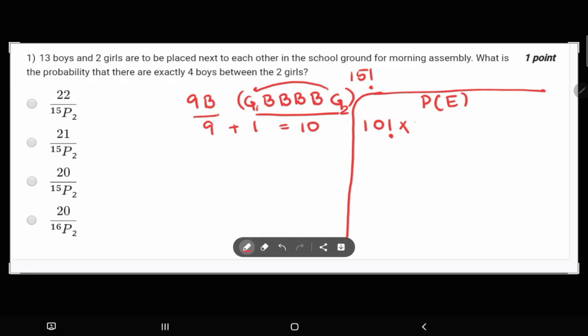So there are two ways, 2 factorial, into ways of selecting boys from the 13 given. It would be 13 P4, as they are distinct individuals, so their places would matter. So we will use permutation. This is PE.